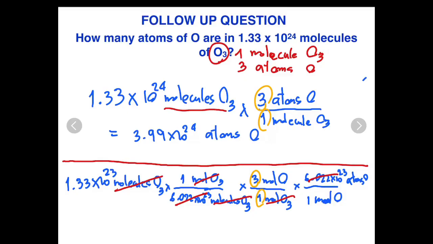So the final answer that you obtain from these 2 methods is still going to be identical: 3.99 times 10^24 atoms of oxygen. Either way is going to be the same. This one just requires a longer route, while this one requires understanding, which is shorter.